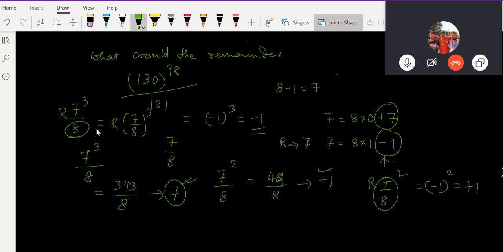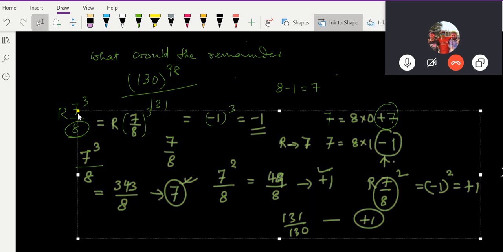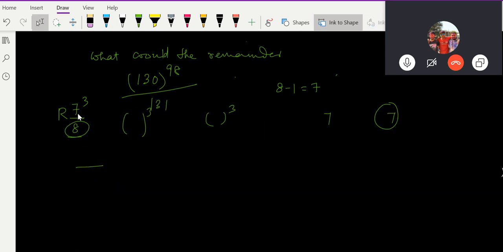Same thing will happen if we reverse the number, like 131 divided by 130. So what is 131 by 130? I will take the smaller of the two, so I will take plus 1 as the remainder. So again, whenever you are dealing with numbers, check it out with small numbers. That will give you the logic.